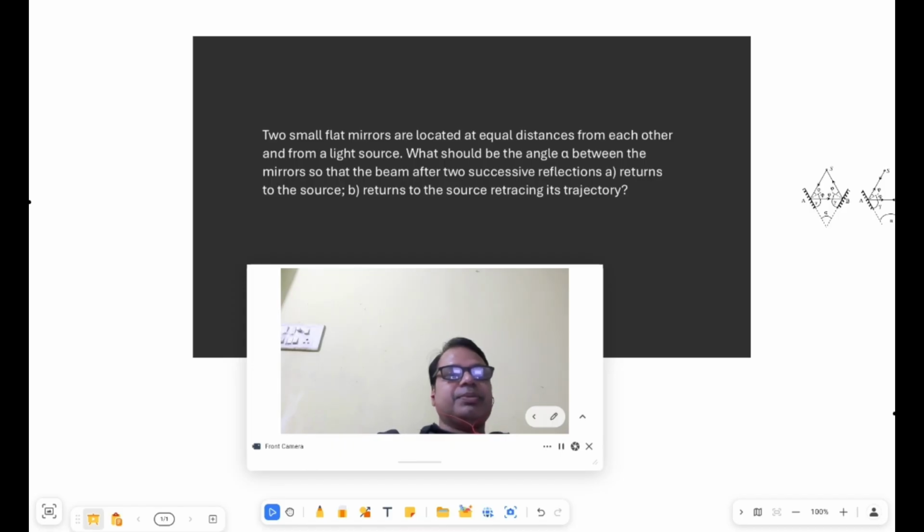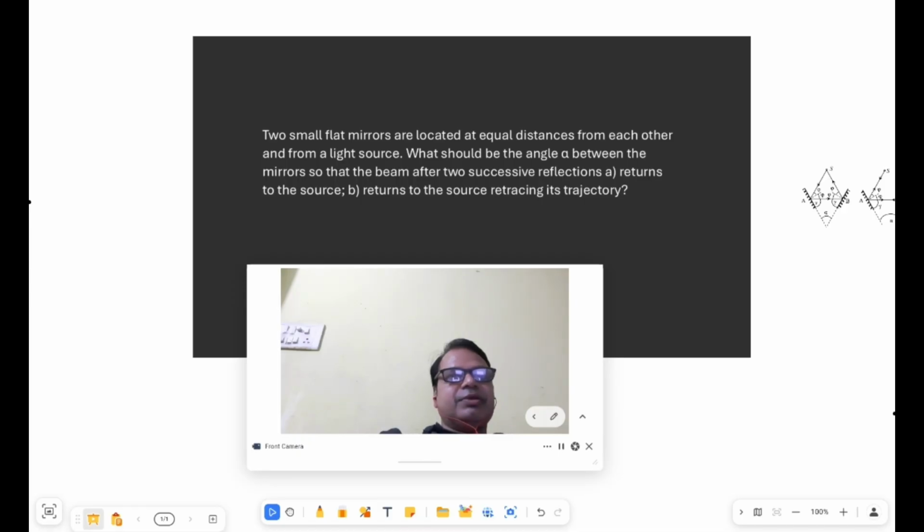Try to make a picture of the problem. And they are at equal distances from each other and also from a light source. That's right. What should be the angle alpha between the mirrors so that the beam, after two successive reflections, that means we have to consider two reflections one after another, returns to the source.